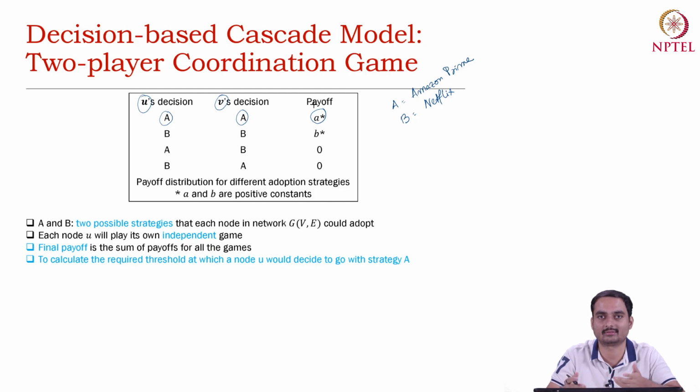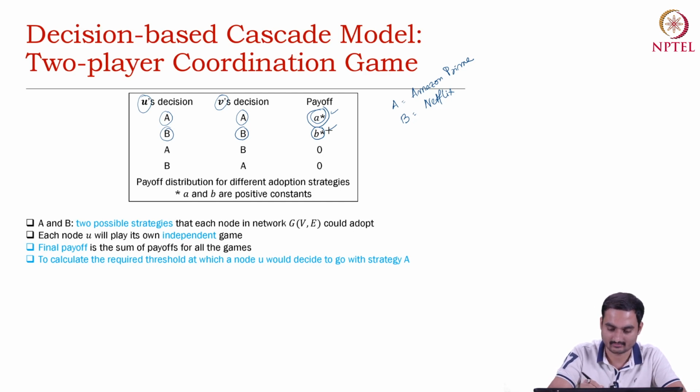Now, this payoff would basically be some sort of benefit. So, both U and V have adopted the same strategy A, and both will get a payoff a. Let us say V has adopted B and U also has adopted B, right? The payoff would be b. Small a, small b, these are constants, some sort of payoff that we will decide.